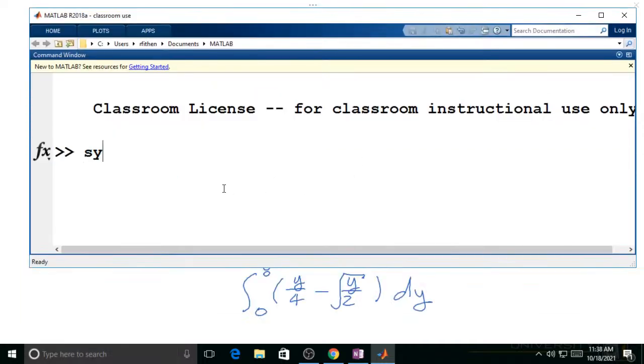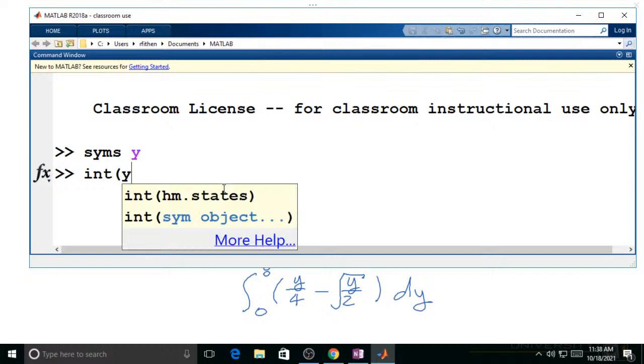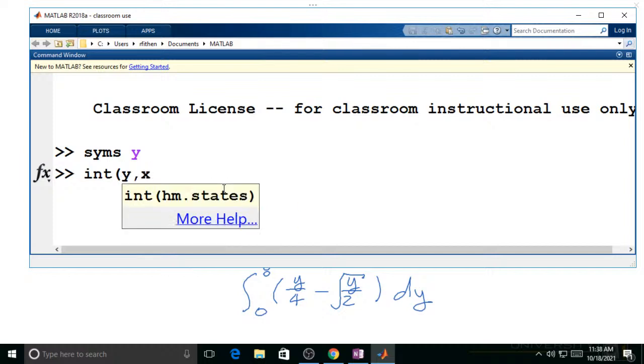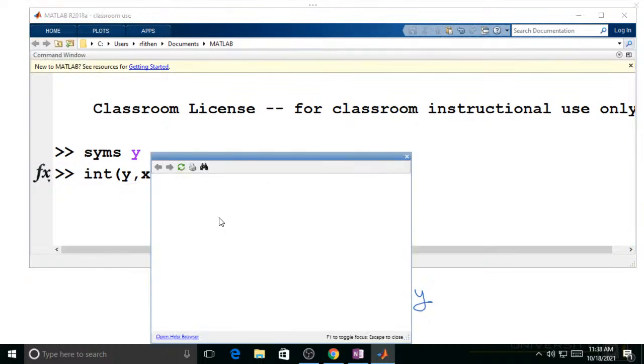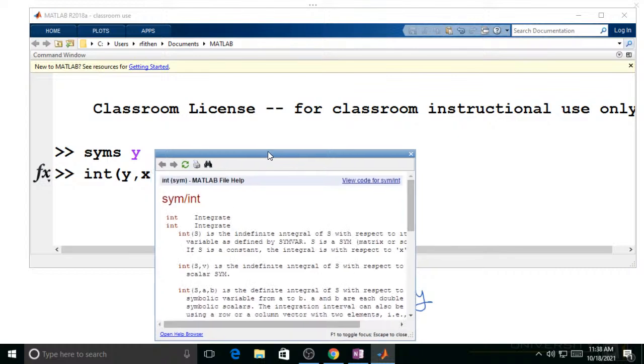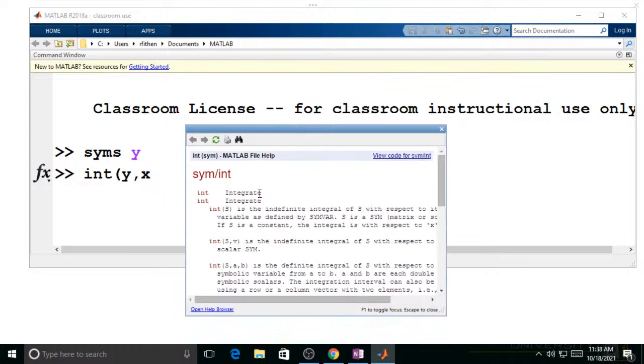I put in syms y, and then the integrate function, INT.